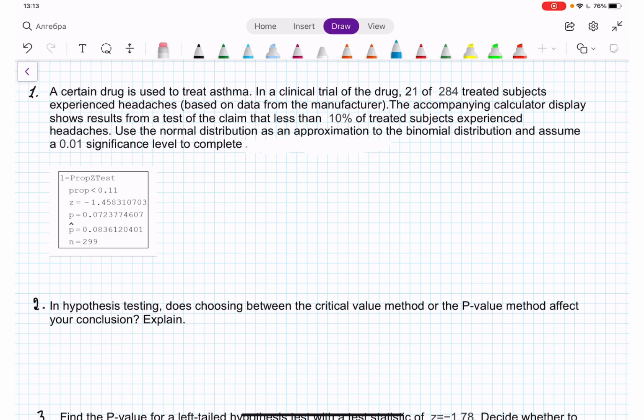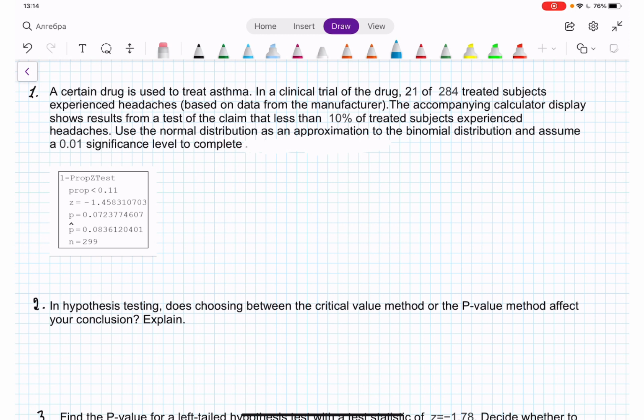All right, so question number 1. A certain drug is used to treat asthma. In a clinical trial of the drug, 21 out of 284 treated subjects experienced headaches based on data from the manufacturer.